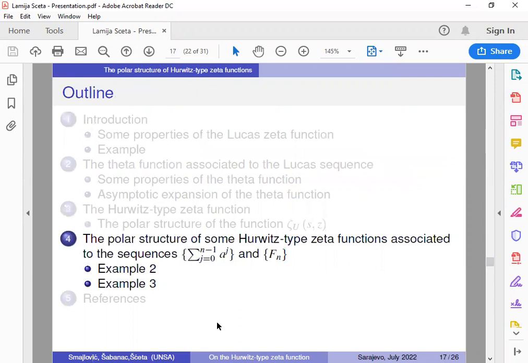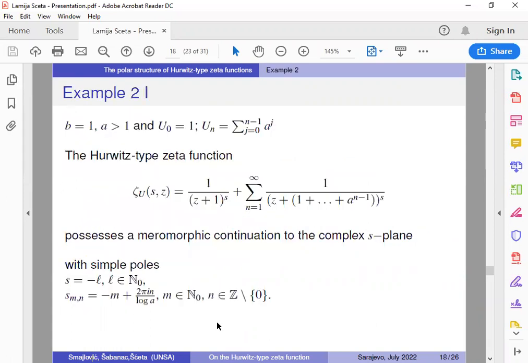In the first part of the presentation, I give two examples which correspond to two different sequences. The first sequence is this, where elements UN are given as the first 10 elements of the divergent sum, and the corresponding Hurwitz-type zeta function is given by this relation.